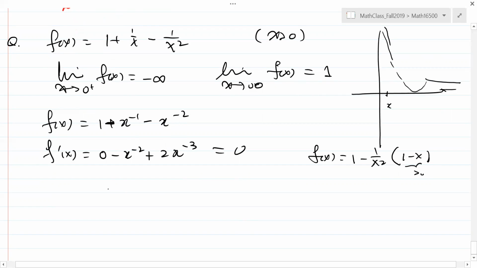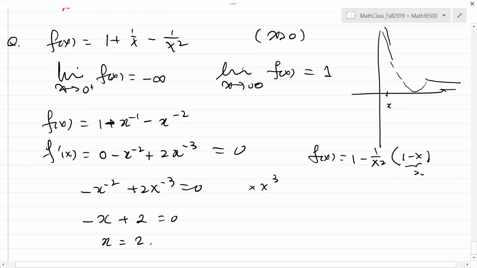So solve this equation. How can you solve this equation? You multiply by x cubed. Each term, that's negative x plus 2 equals 0. So clearly x equals 2.